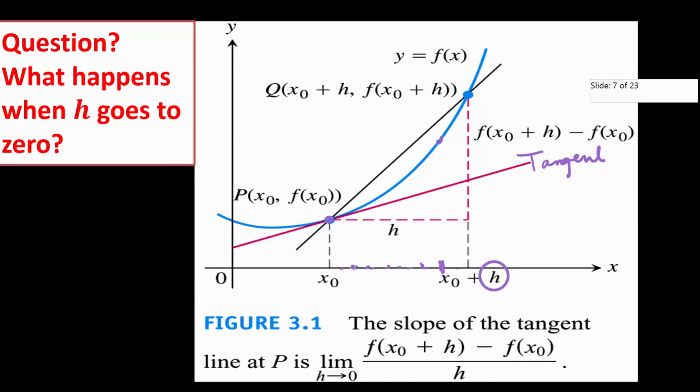It inches until x sub 0 plus h reaches x sub 0. Then what you've got is a tangent line. So the slope of the tangent line is just the limit of the slope of the secant line as h approaches 0. All right? Let's look at some examples.